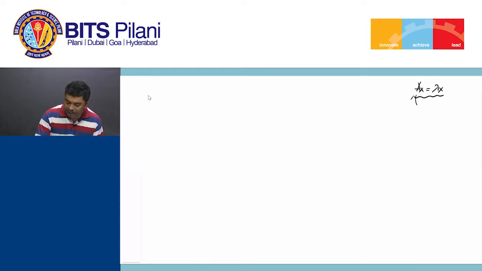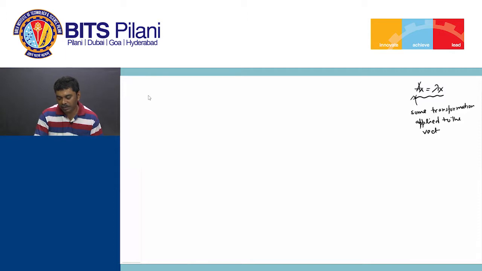So on the left hand side, what you see is that there is some transformation applied to the vector, right? What do you see on the right? On the right you see the same vector, but you see that vector multiplied by some scalar. So this guy over here is a scalar, right? It's a scalar multiple of that same vector.